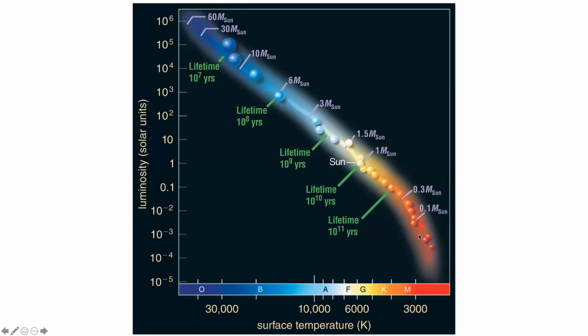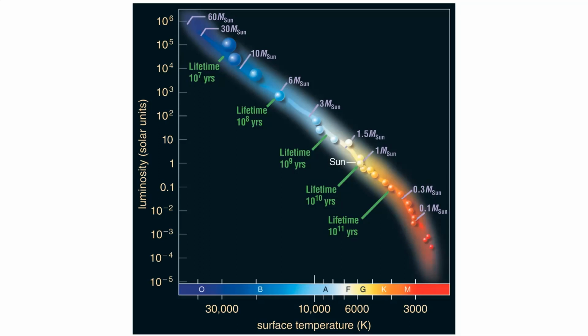They have lower luminosities, and they have longer lifetimes, right? And they are redder. Up here, those more massive main sequence stars are bluer, have shorter lifespans, are much hotter at their surfaces, and are way more luminous, right? And are bigger in general.